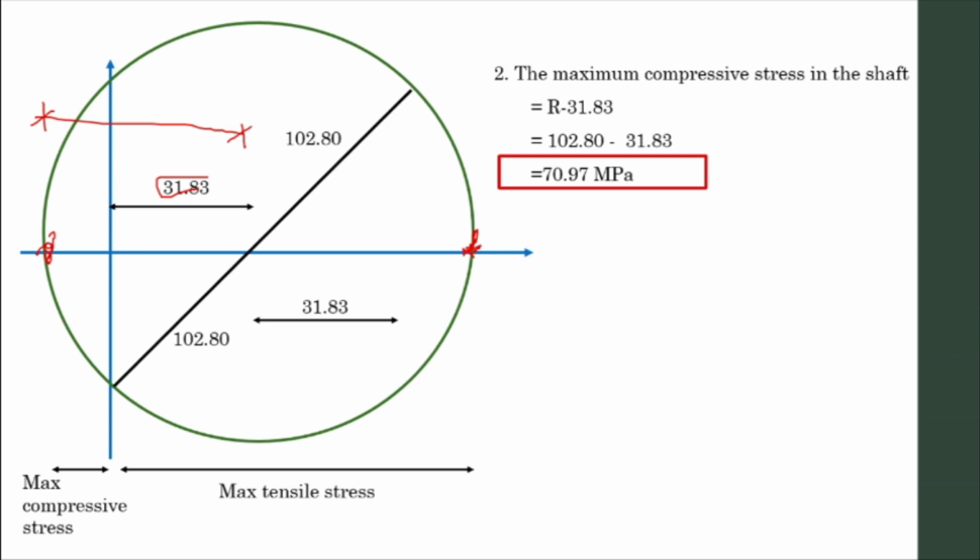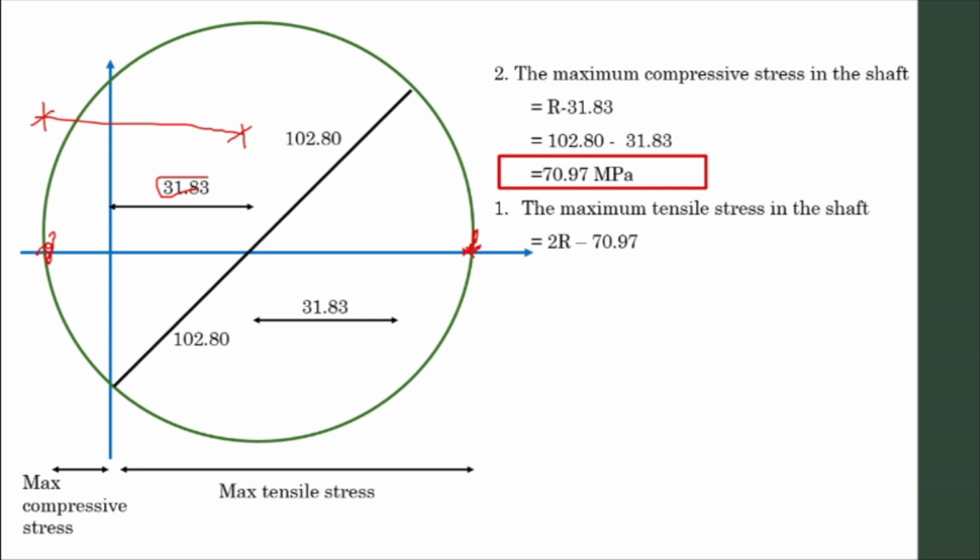Next, the answer in number 2. Next, in number 1. What is the maximum tensile stress in the shaft? So, maximum tensile stress, sabi ko nga, ito. So, ang maximum tensile stress dyan is simply dalawang radius. Diba? Minusan mo ng ito. Yung 70.97.